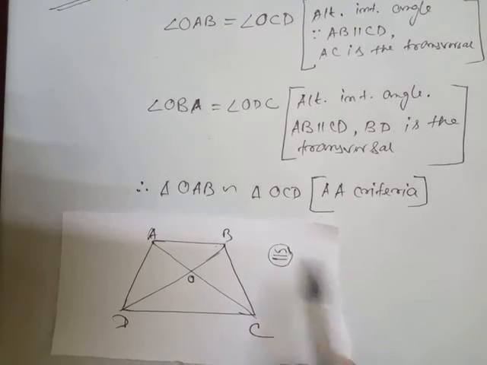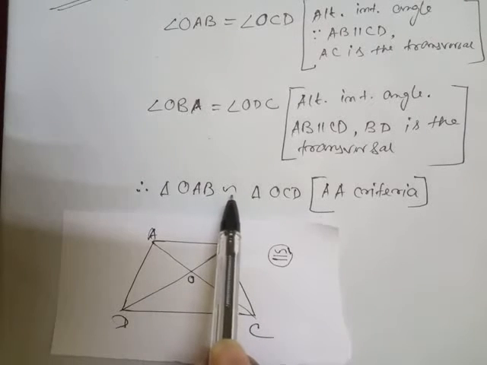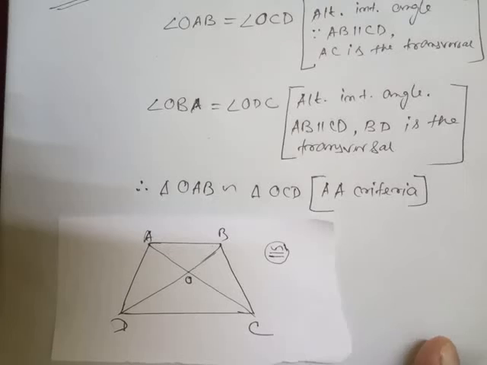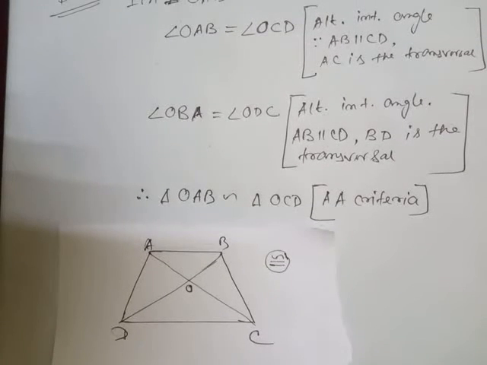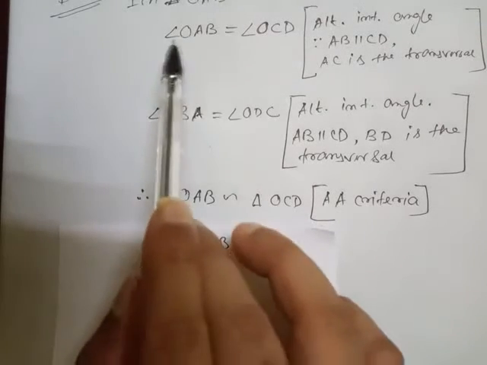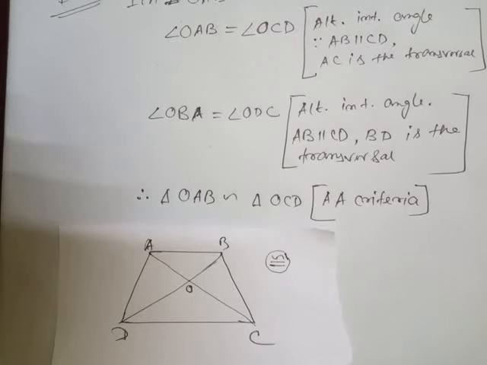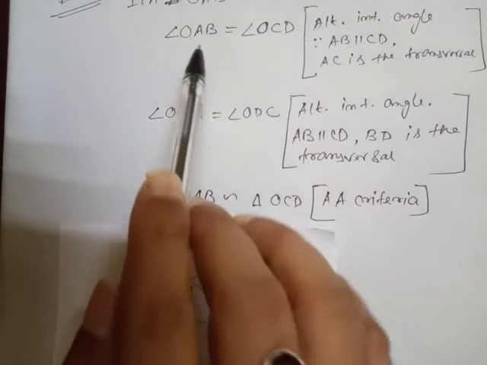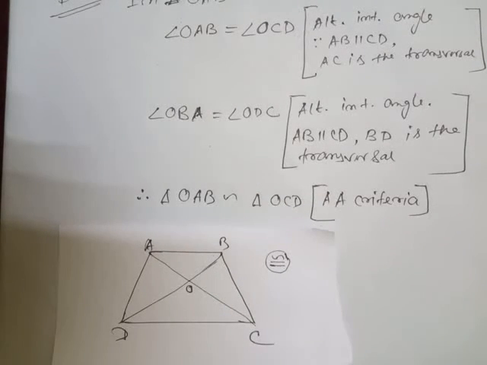But if we want to prove similarity, which has this symbol, any two reasons, like side side or angle angle, can be okay. We can also prove similarity with three angles or three sides. It does not mean that proving angle angle only in case of similarity is wrong. No, it is correct. For similarity we need at least two reasons, but for congruency at least three different reasons. I hope you understand that.